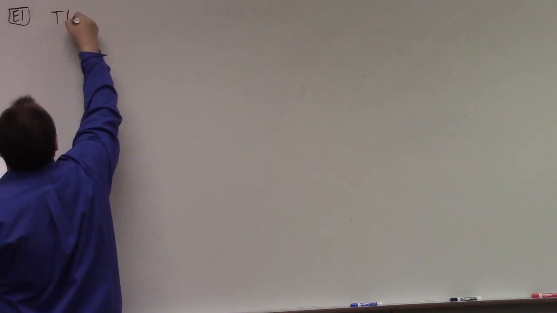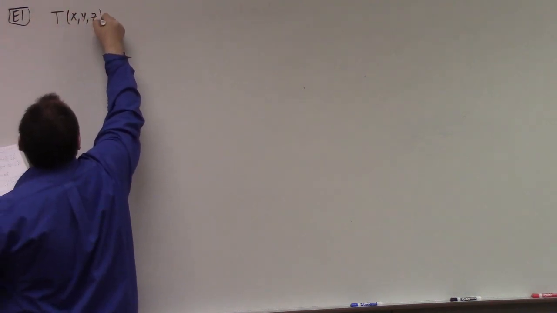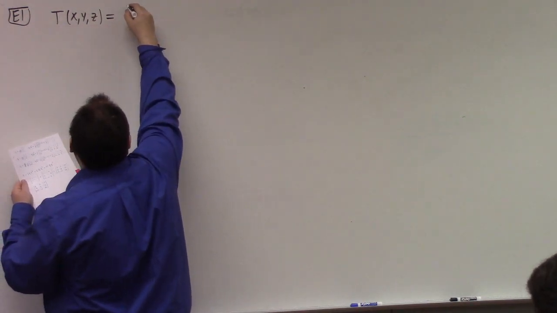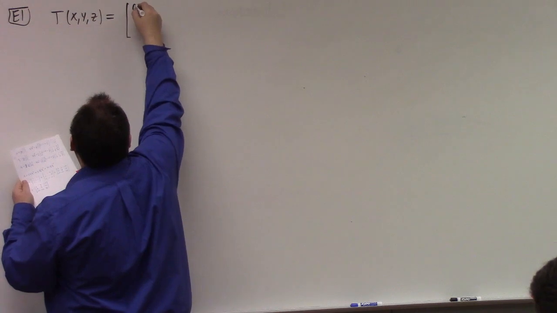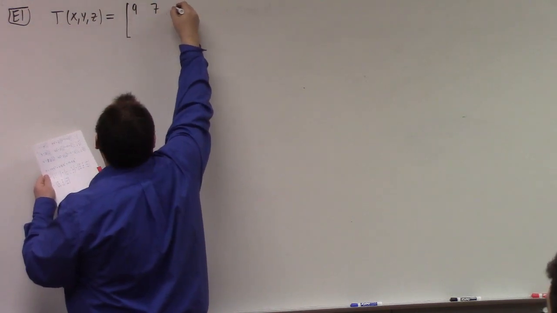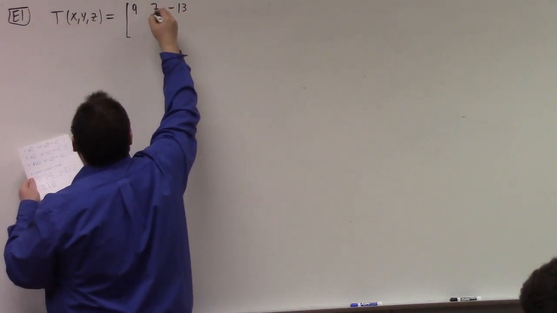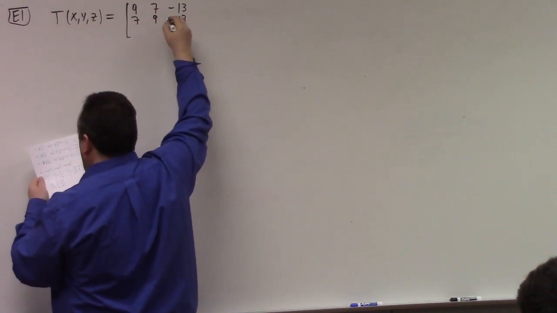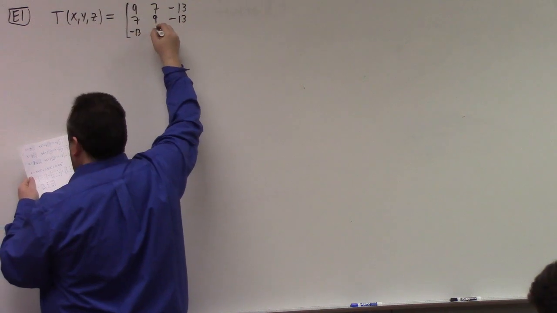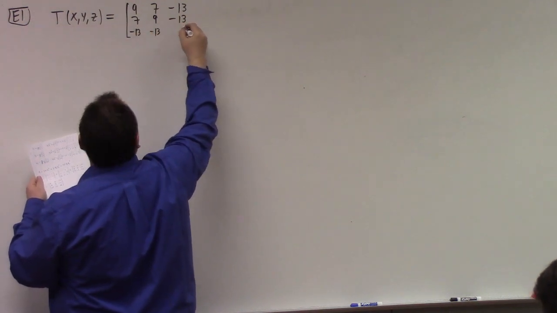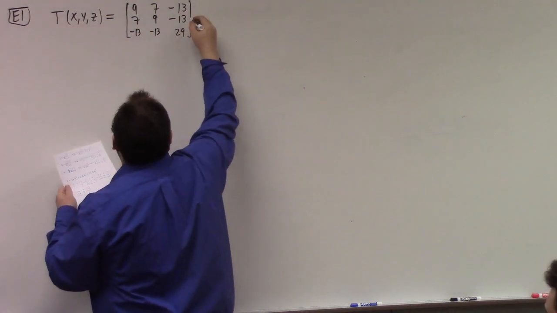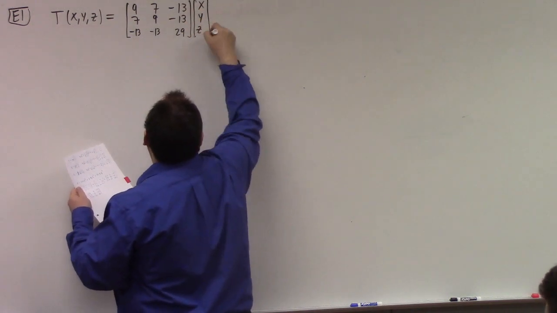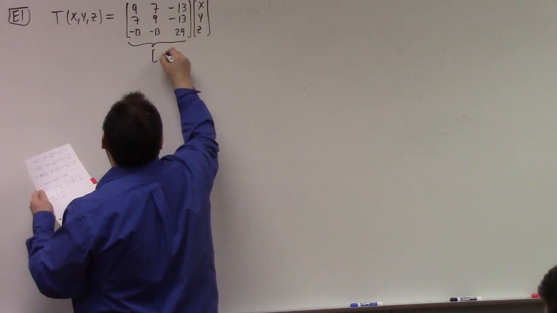Suppose we have T of x, y, z equal to the matrix 9, 7, minus 13, 7, 9, minus 13, minus 13, minus 13, 29 times x, y, z. So that makes this the standard matrix of T.